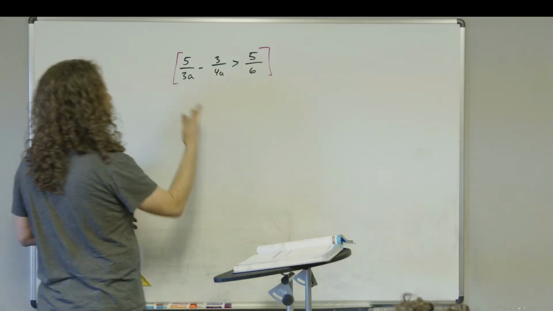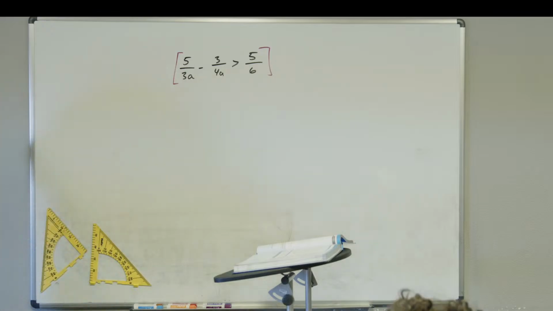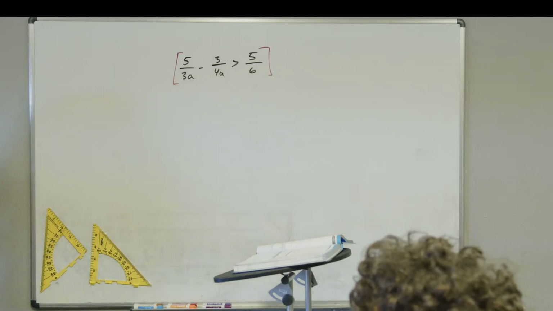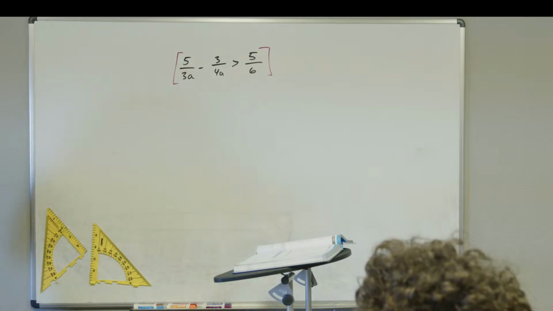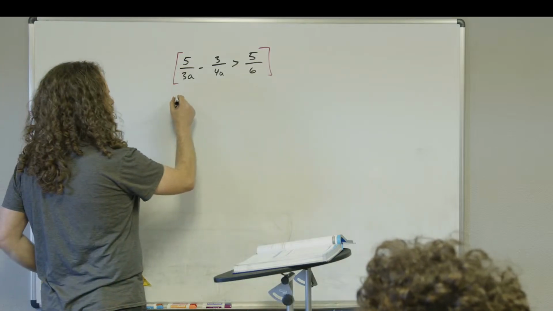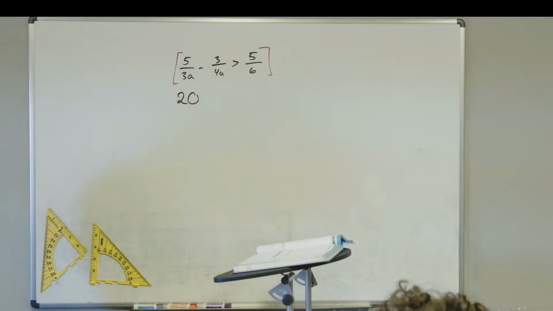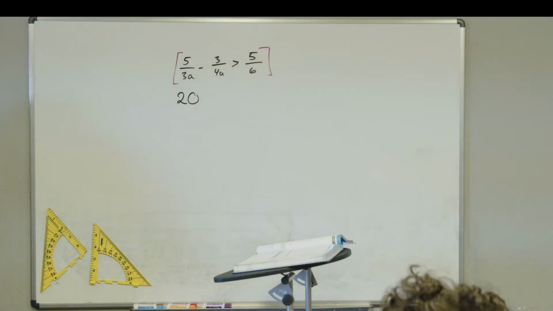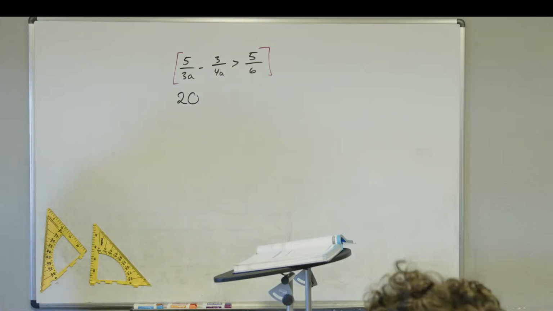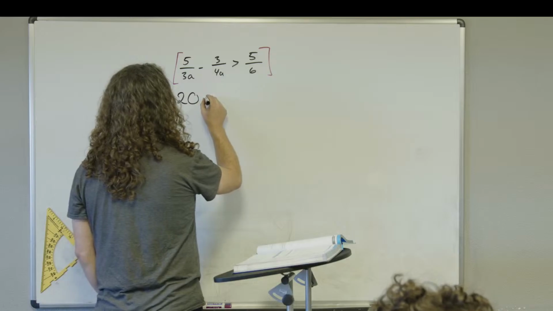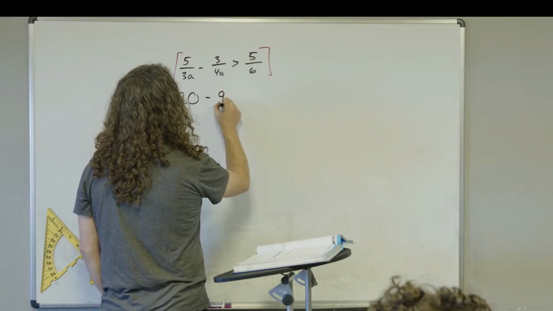So, we'll do the first one, what's left to multiply? 4. 5 times 4 is 20. When we multiply on the second one, what is left to multiply? 3. 3 times negative 3 is negative 9.